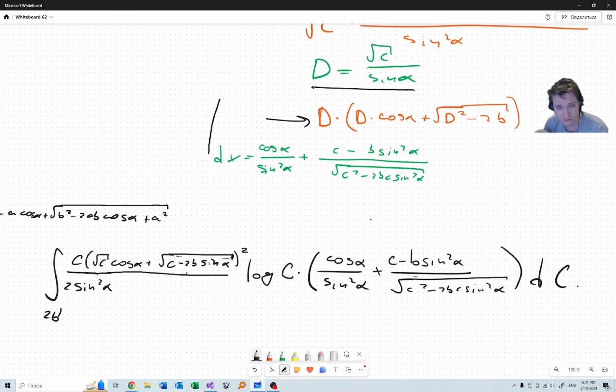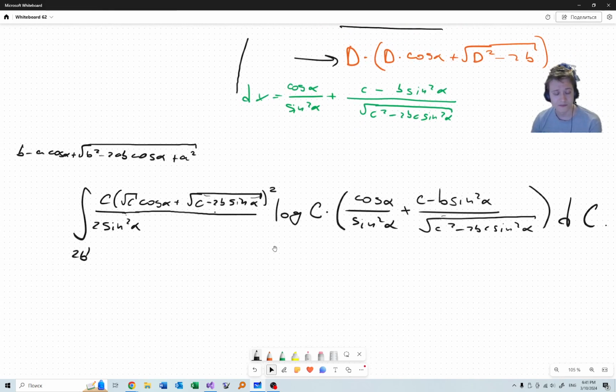Okay, this is awful. This is really not good. I hate it. Let's try and simplify it at least somehow. First of all, 1 over 2 sine squared alpha is here. It's okay, we can remove it.